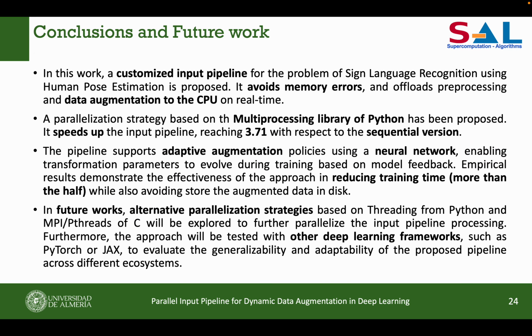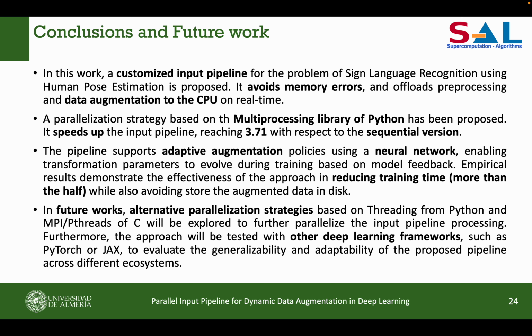So in conclusions, in this work, a customized input pipeline for the problem of sign language recognition using human pose estimation is proposed. It avoids memory errors and offloads preprocessing and data augmentation to the CPU in real time. A parallelization strategy based on the multiprocessing library of Python has been proposed.